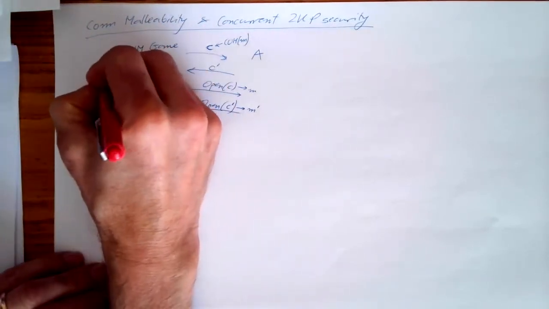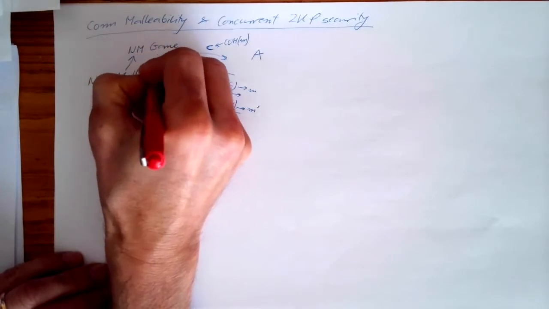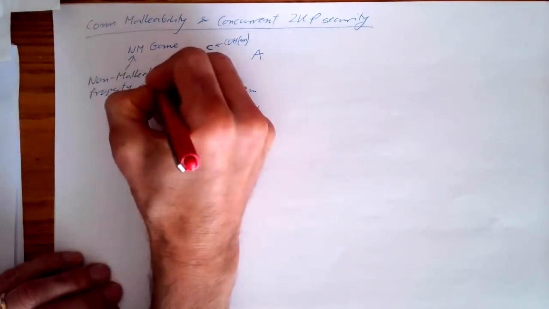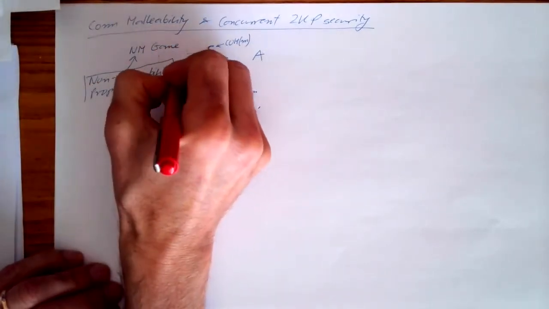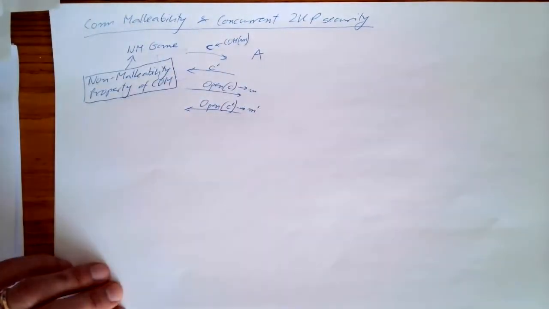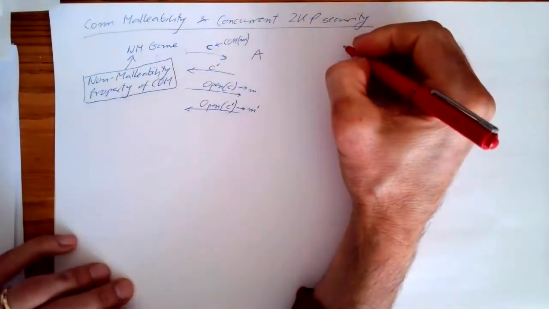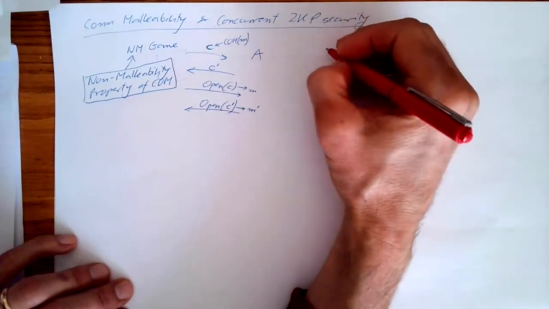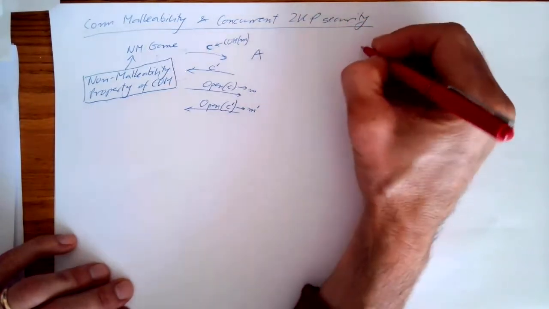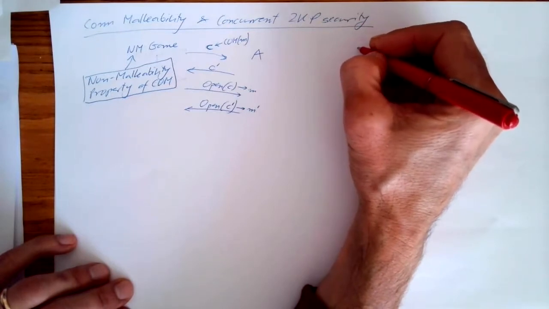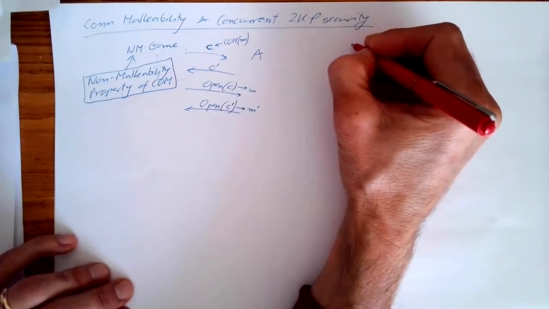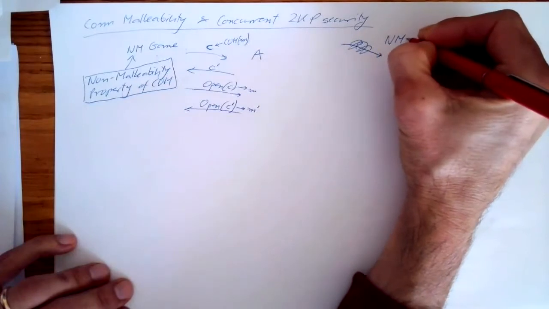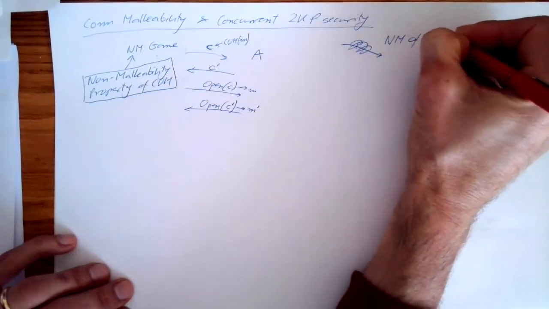So this is the non-malleability property of commitment. Now compare this to non-malleability of an encryption, non-malleability of public key encryption.